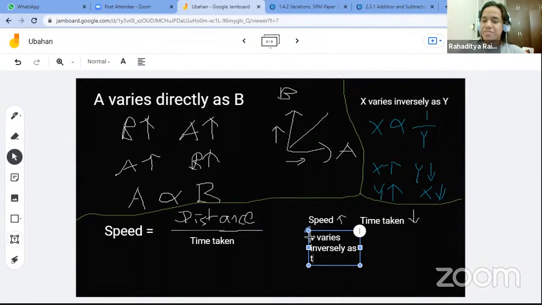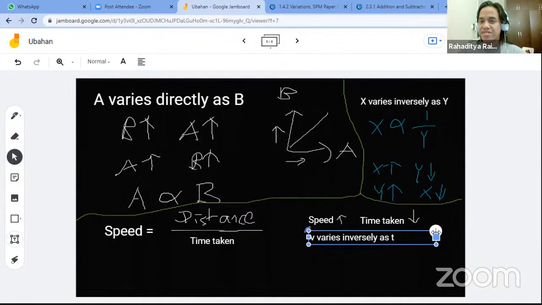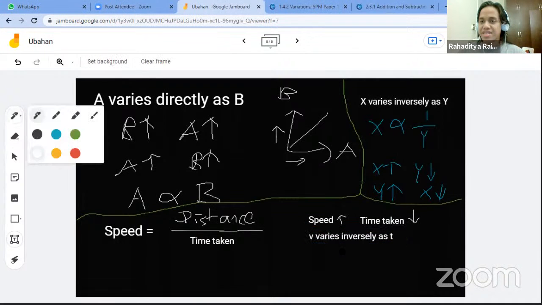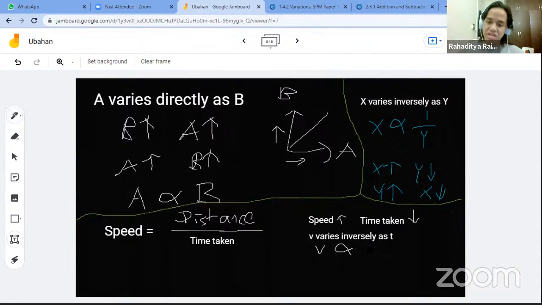I'm not going to put s because for you physics students especially, that might be confusing. v varies directly proportional to 1 over t, or v alpha 1 over t. So once you have this, you can make an equation out of it. So v is equal to k over t.